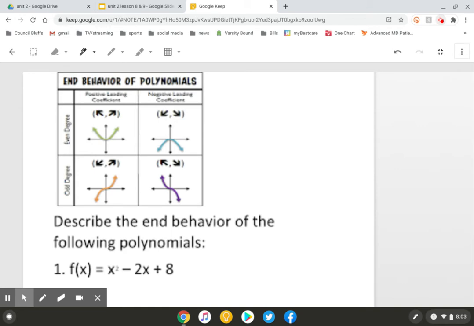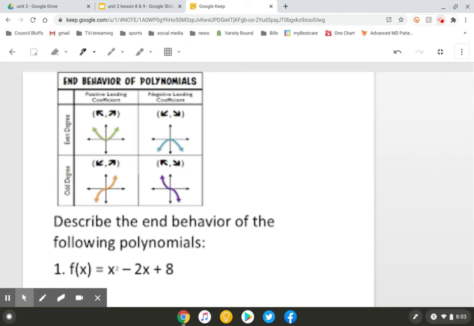Okay. It turns out to figure out the end behavior of a polynomial, there are 2 pieces of information you need to know. The degree. So the degree, remember, is the largest exponent of the polynomial. So we need to know the degree, and then we need to know the leading coefficient. And if you forgot, the leading coefficient is the coefficient of the term with the largest exponent.